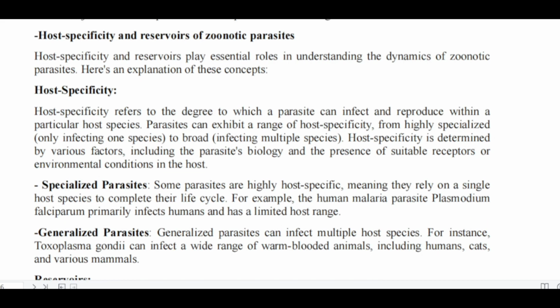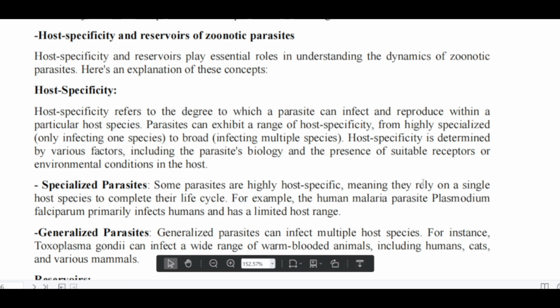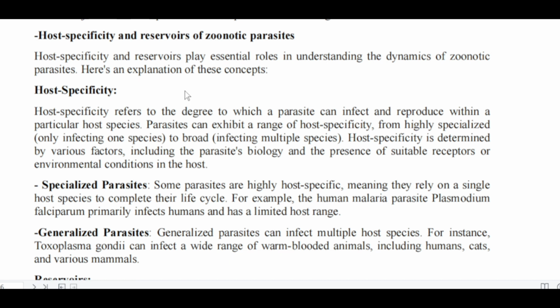Host specificity and reservoirs play essential roles in understanding the dynamics of zoonotic parasites. Host specificity refers to the degree to which a parasite can infect and reproduce within a particular host species.